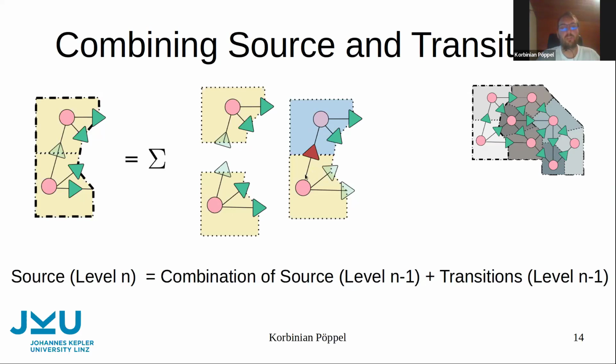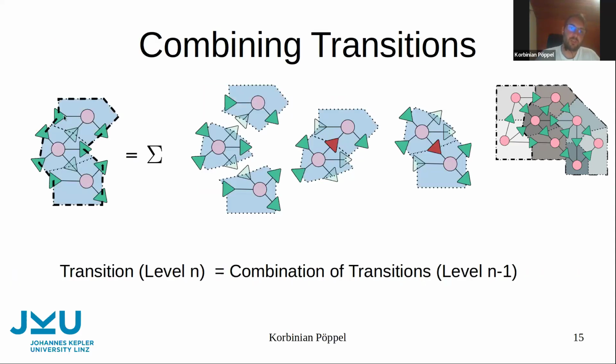So this source transition combination now connects this lower incoming node with these upper outgoing edges. And we sum over this red triangle that connects these 2 nodes, and summing all of this, we then have this higher level source. And we can do the same thing also for transitions. Here we just combine single transitions and combinations of transitions that connect these interconnecting incoming edges and interconnecting outgoing edges.